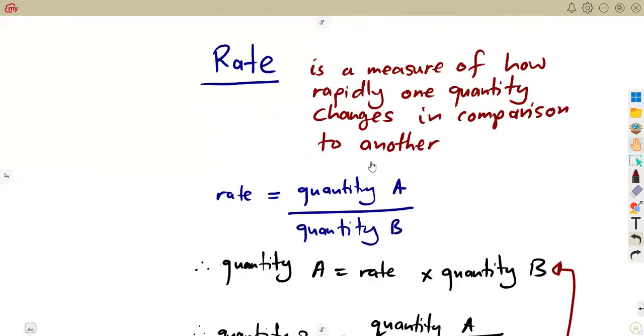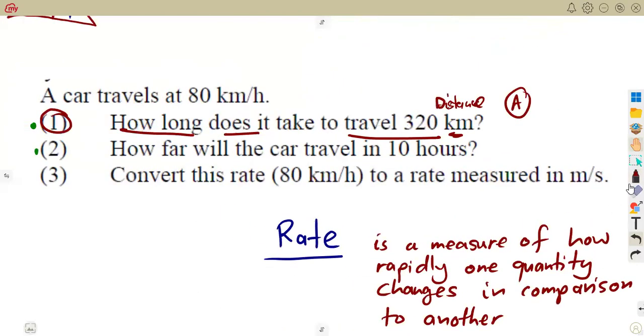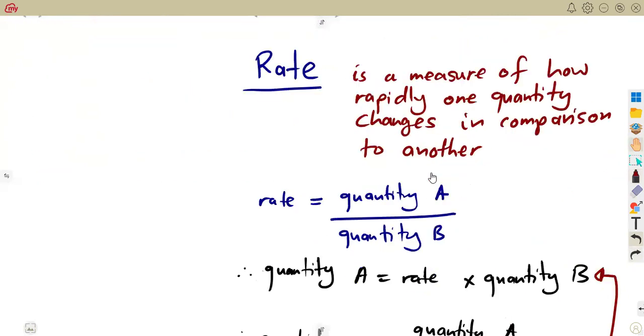So on our question, what are we supposed to calculate? We are given the distance representing quantity A. That is what we are given. What are we supposed to calculate? How long? It is the time, which represents quantity B. Remember, the time there is for quantity B. So how do you calculate quantity B?